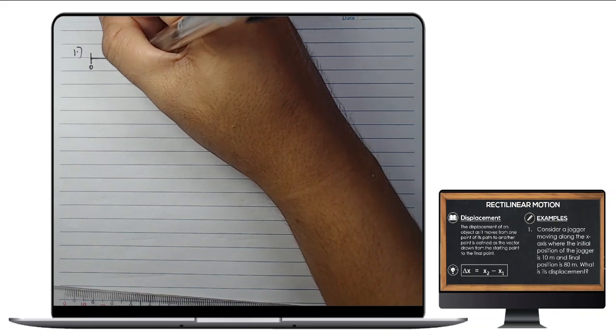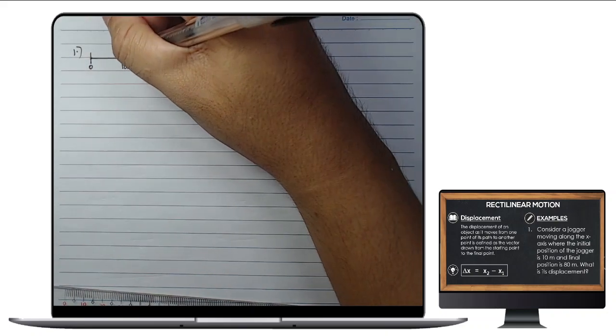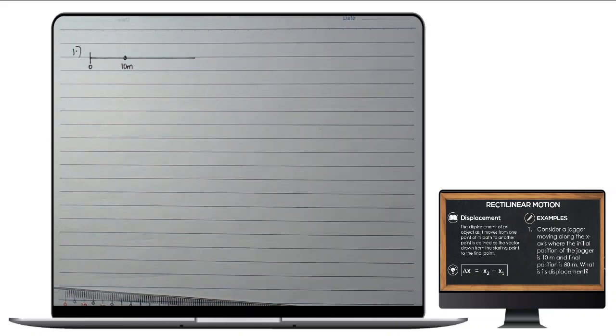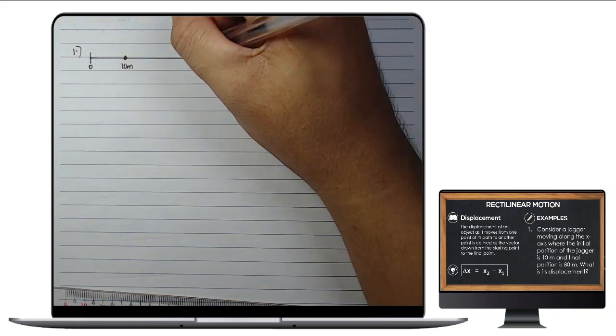Let's say this is our 10 meter mark. This is the initial position of the jogger with respect to the reference point, which is 0. And the final position is at 80.